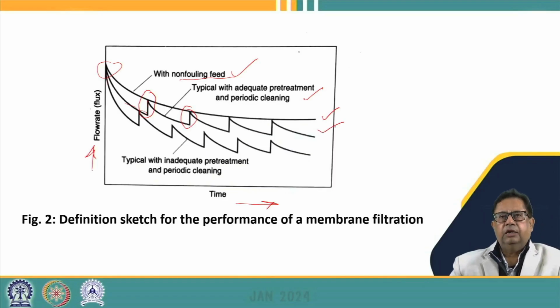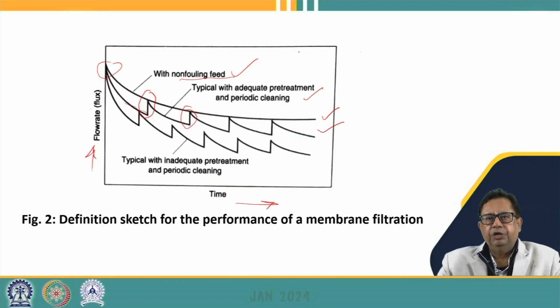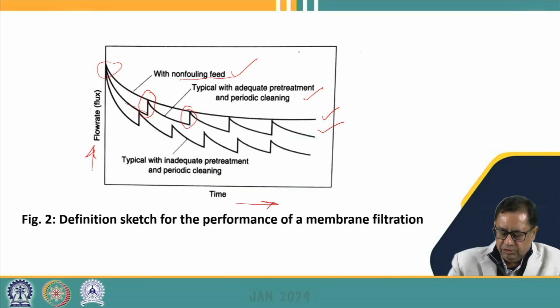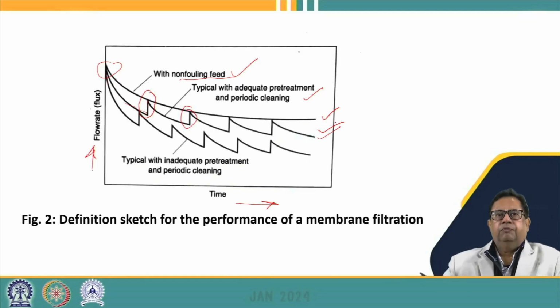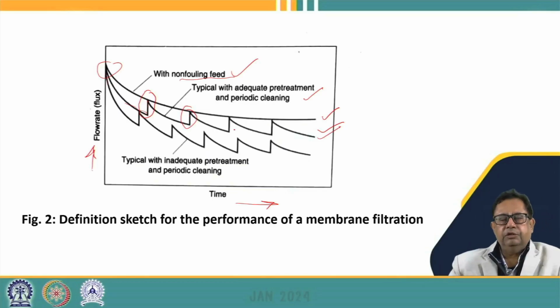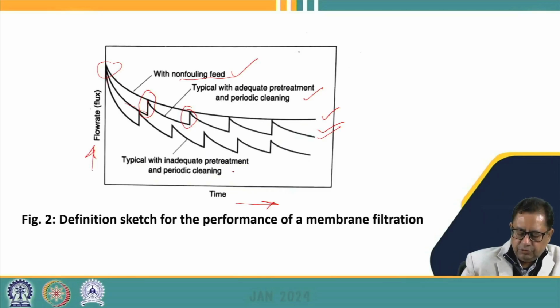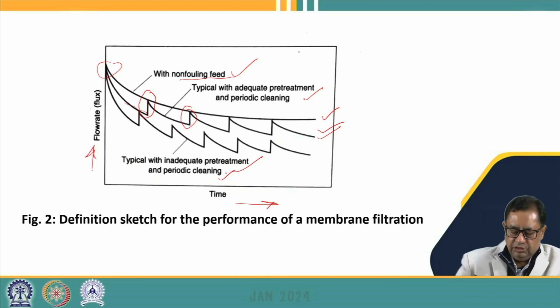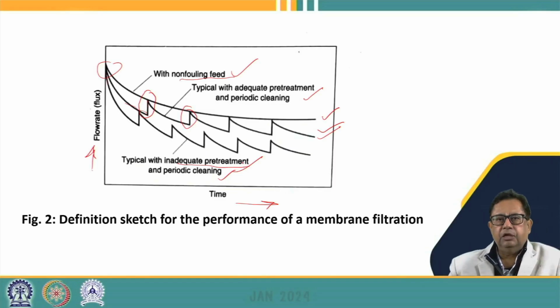We can see that for an influent with adequate pre-treatment, where we are applying periodic cleaning also, these may be the cycles you will see in the variation of the flux. All these notches that you are seeing represent the cleaning of the membrane. But if we have inadequate pre-treatment, though we are having periodic cleaning also, you can see that the flux declines a lot because inadequate pre-treatment has been done to the influent water or wastewater.